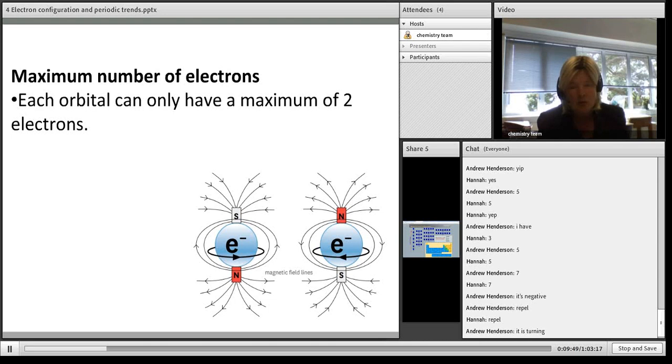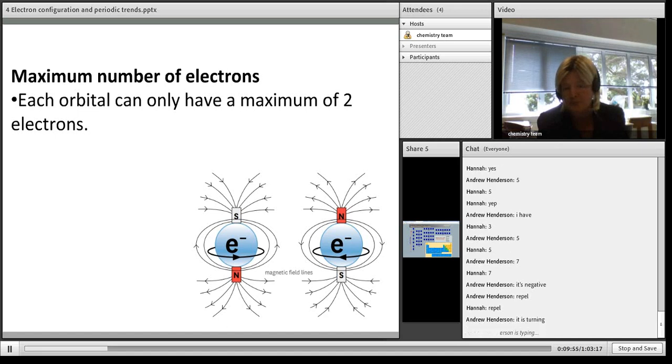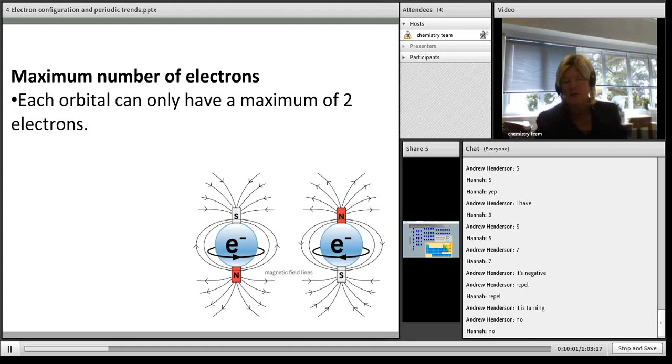So what can you say about those 2 electrons now? Will they repel? No, because although the charges are repelling each other, the magnetic field around them is causing them to attract, so they can actually be in the same area.